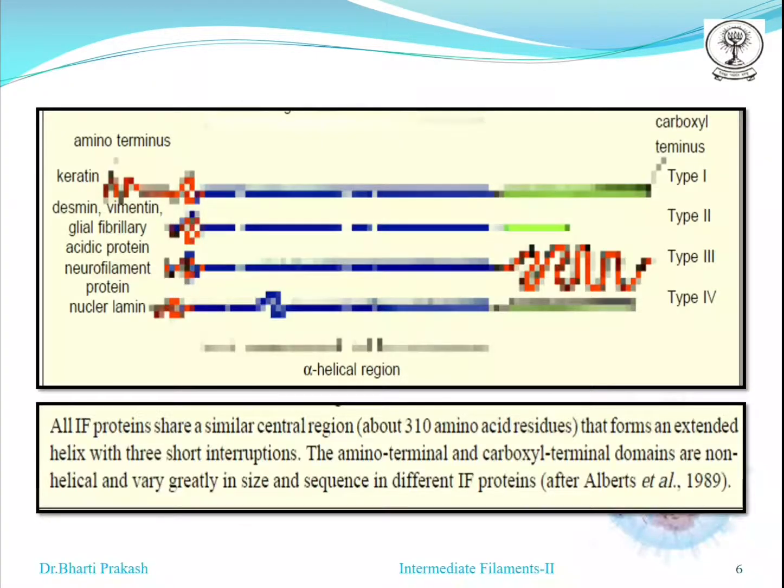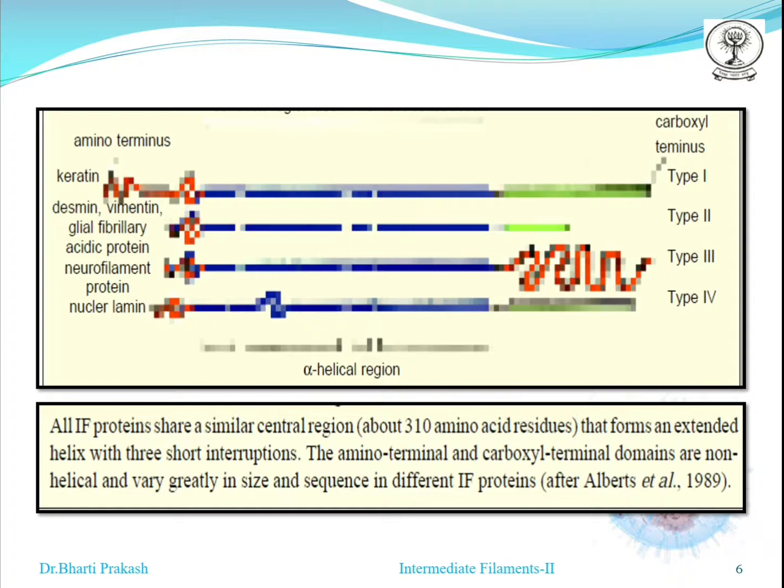Now in this diagram, we can see all intermediate filament proteins share a similar central region. This is the central region. All the intermediate filaments, all the 4 types, that is type 1, type 2, type 3 and type 4, share the common central region.